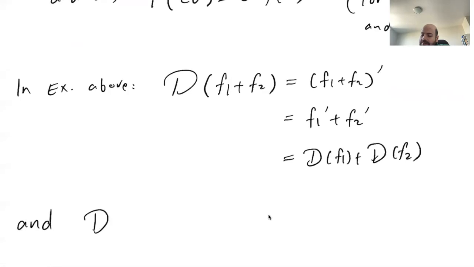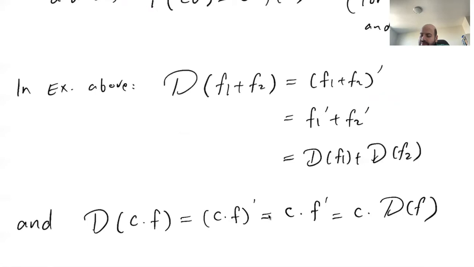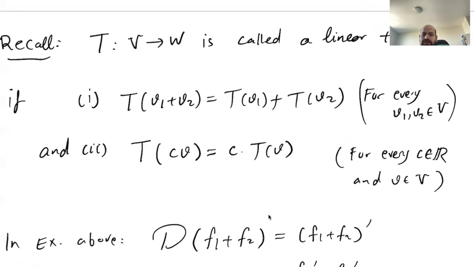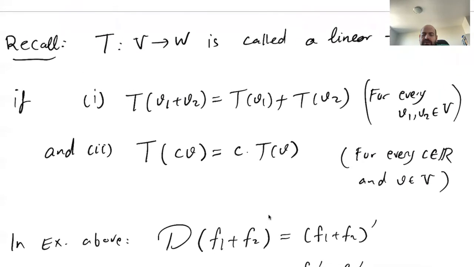And D of c times f is equal to c times f derivative, which is the same as c times the derivative of f. So D, the derivative operator, is linear because it has both properties that appear in the definition of a linear transformation.